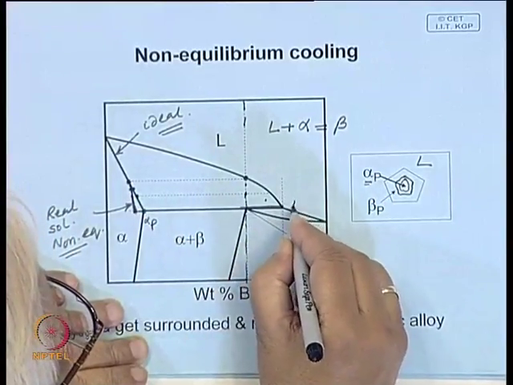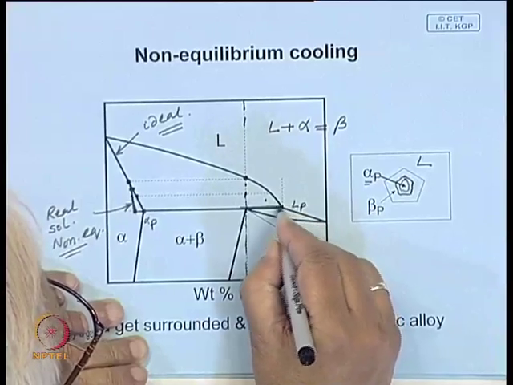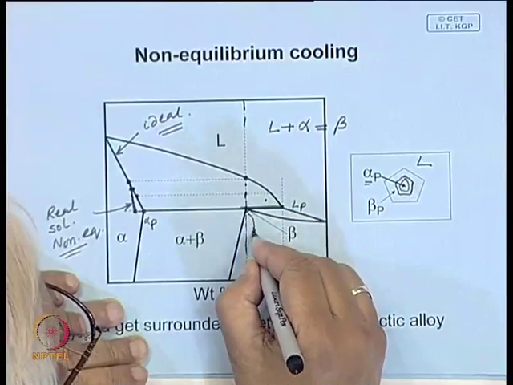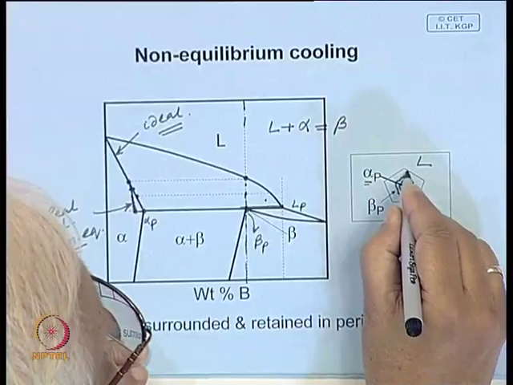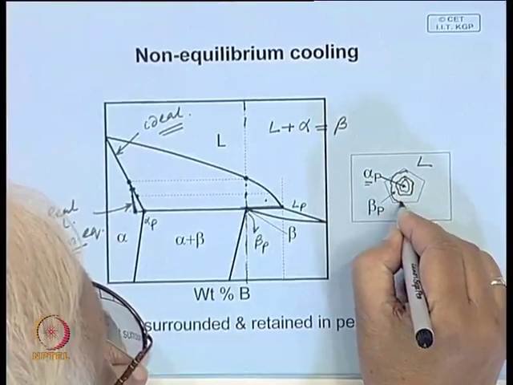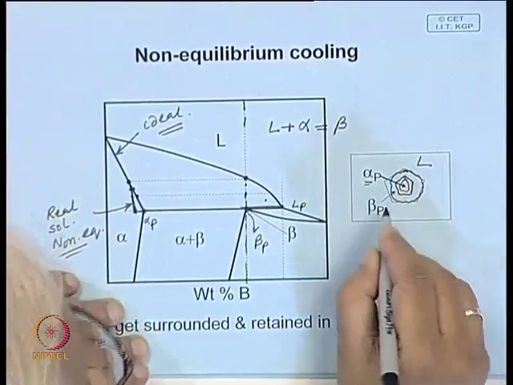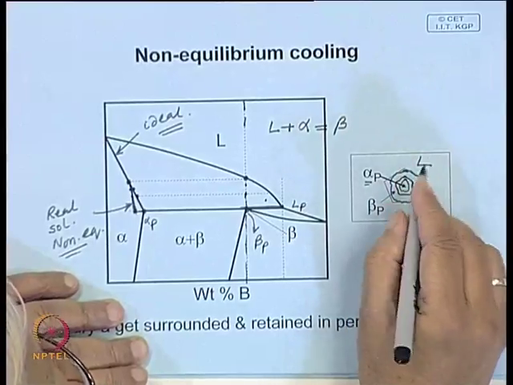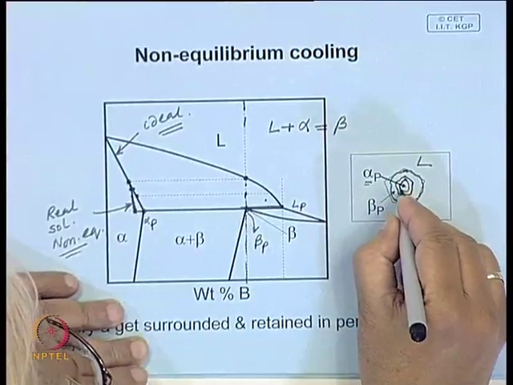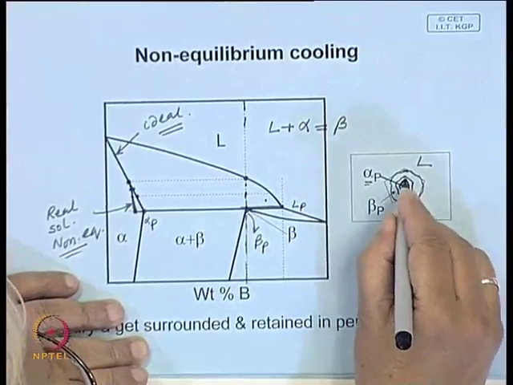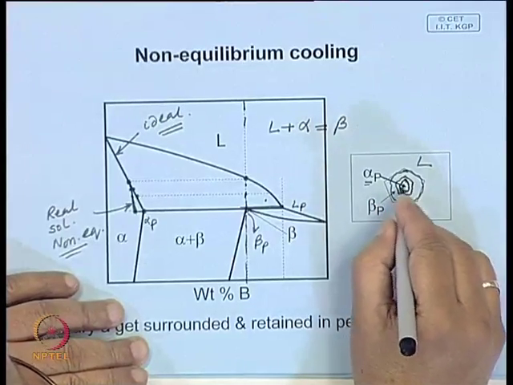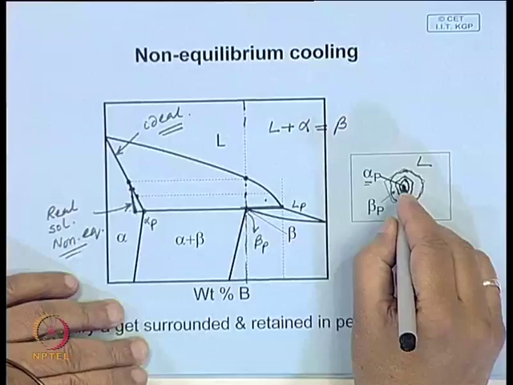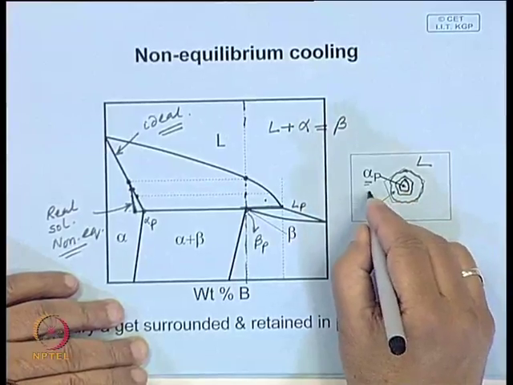This is the liquid peritectic composition. This will give you beta of that peritectic composition, and this beta will form surrounding this. So, it gets encased. Now, if this alpha has to react with the liquid, it becomes quite difficult, because it is not in contact with the liquid.